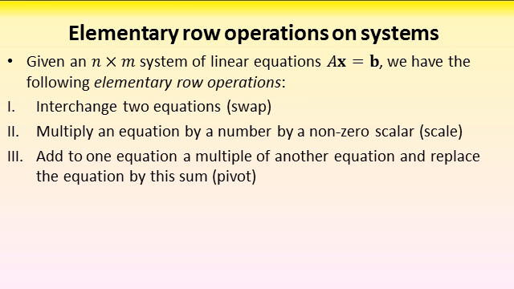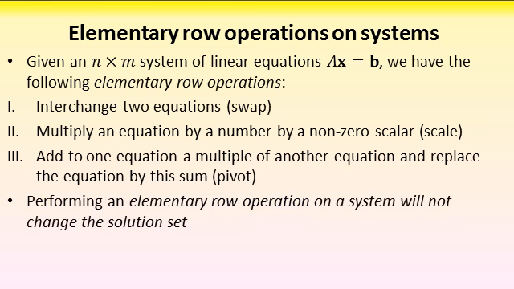What we have concluded is that if you perform an elementary row operation on a system, any of these three, we know that you will not change the solution set. Your new system, once you've performed an elementary row operation, will have exactly the same solution or solutions as the one you started with.